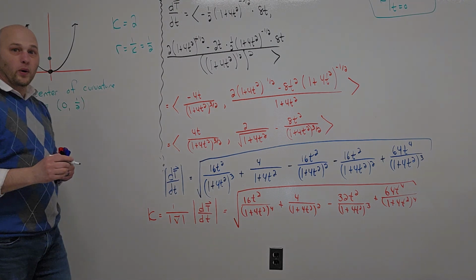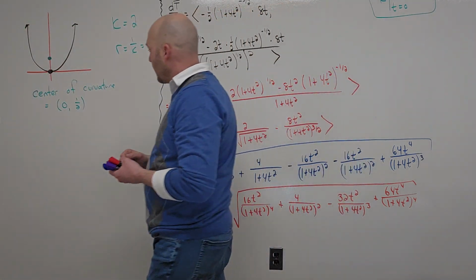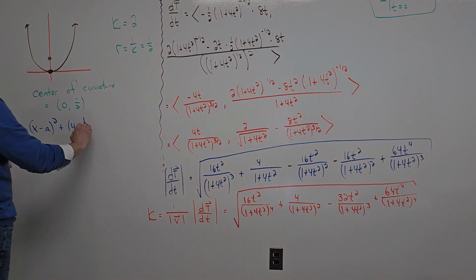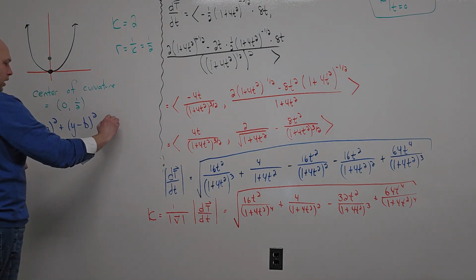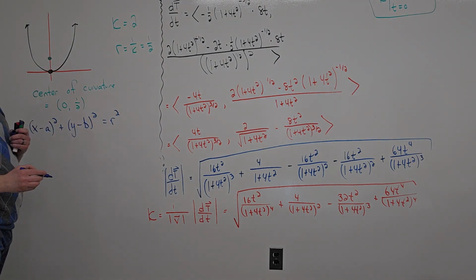So 0, 1/2 would be the center of curvature. And remember that the equation of a circle is given by the following. It's x minus a quantity squared plus y minus b quantity squared is r squared, where a and b are the center and r is the radius.